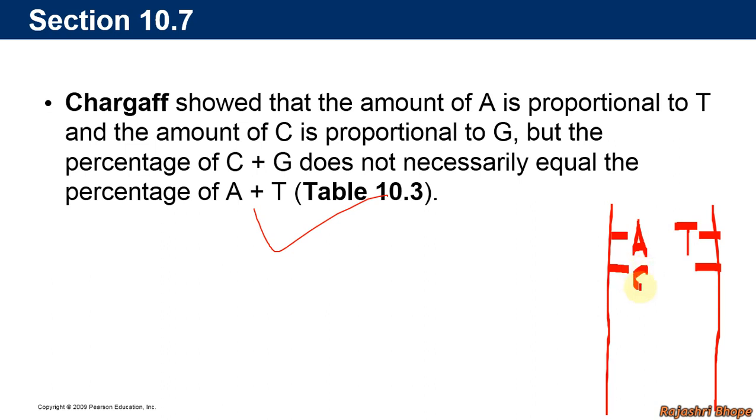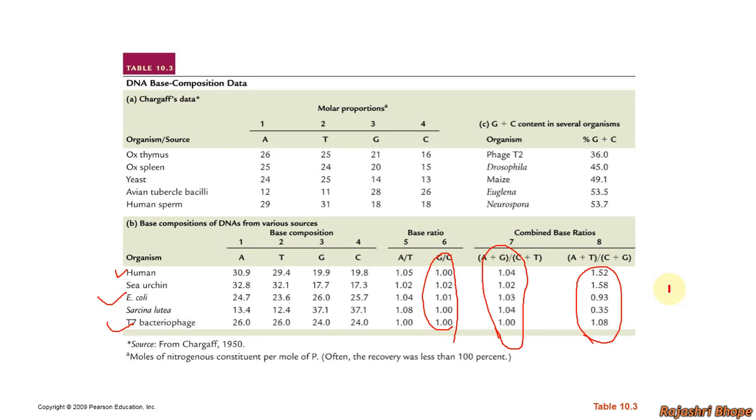If cytosine is present in one strand, it always pairs with guanine in the adjacent strand. So these are known as complementary bases, A, T and G, C. And if you see the ratio, AT and GC ratio always equals 1.